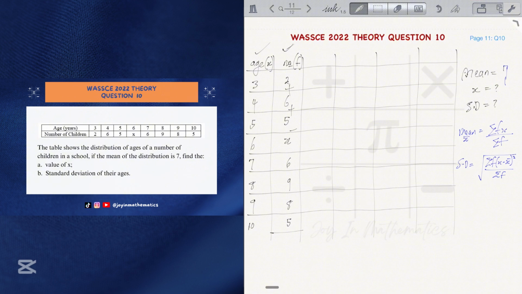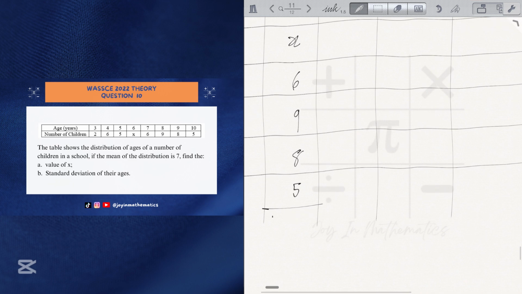Applying that principle, the value of summation f will give us 41 plus x. And this is summation f. Let's just bring it to the side.